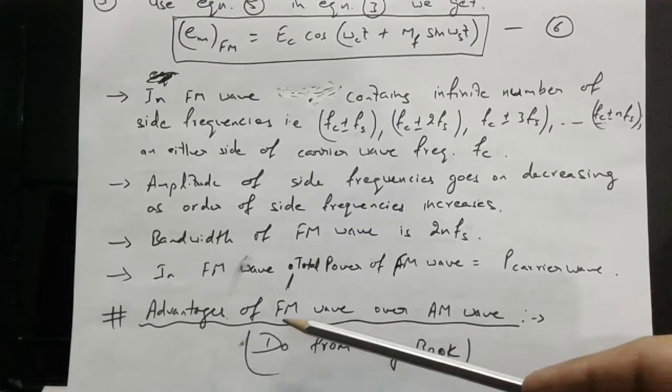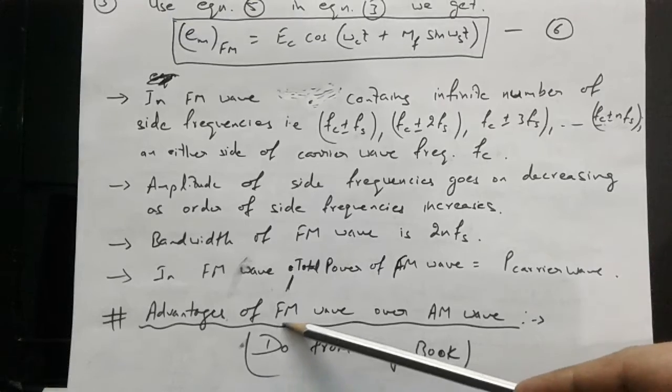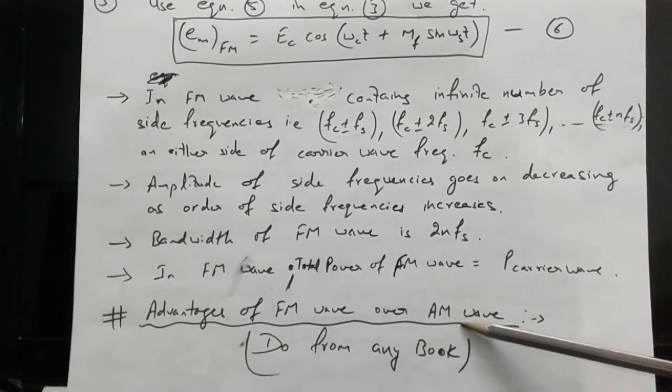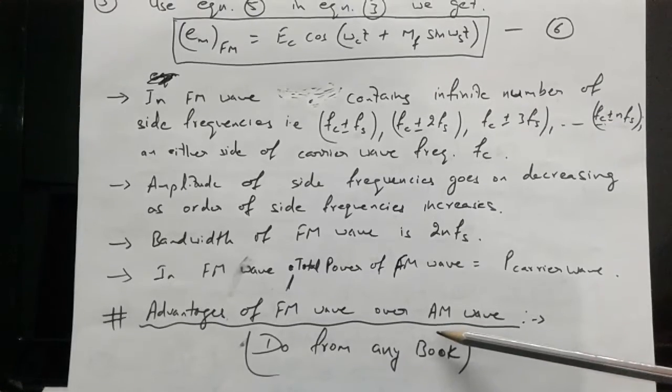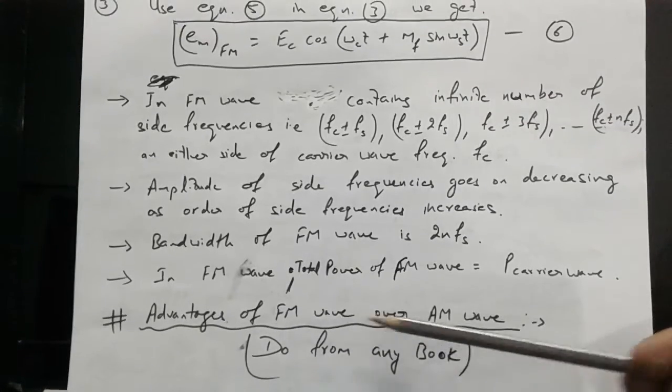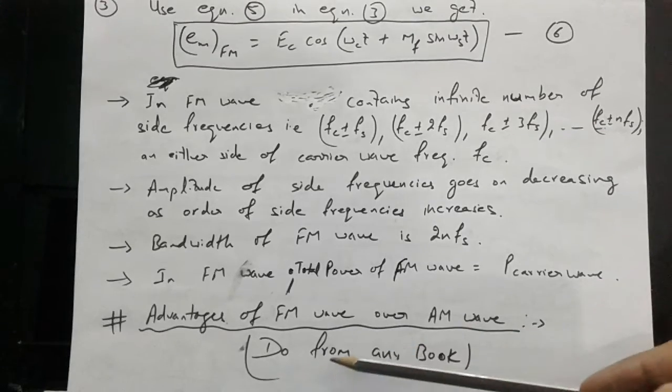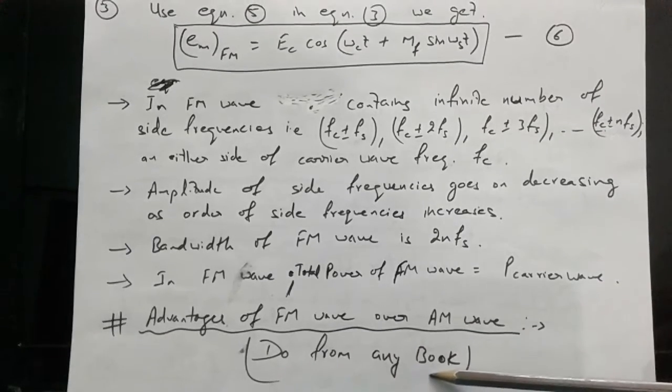So another important question here is the advantages of FM wave over AM wave. Those are some of the points which you can compare between FM wave and AM wave, and you can do it from any book.